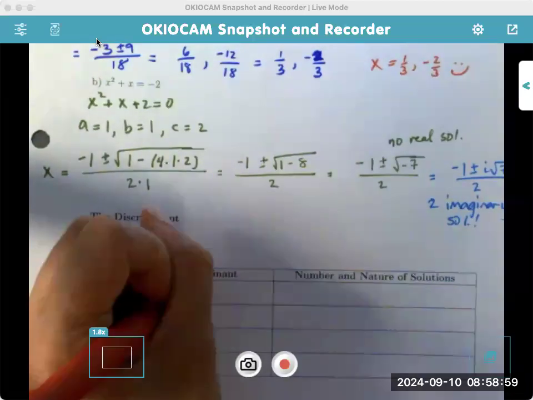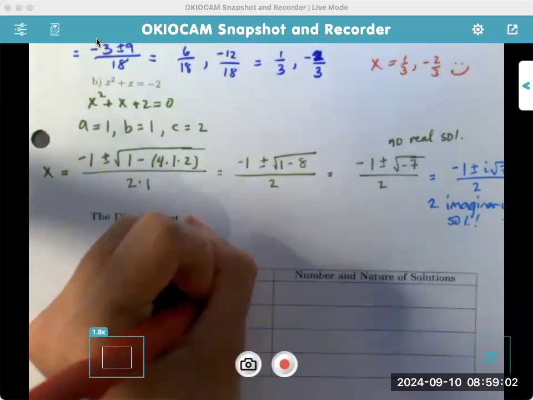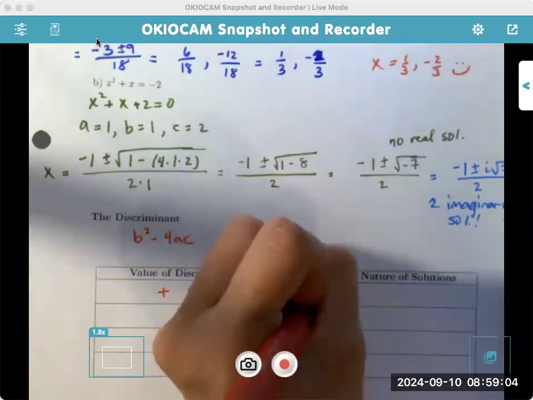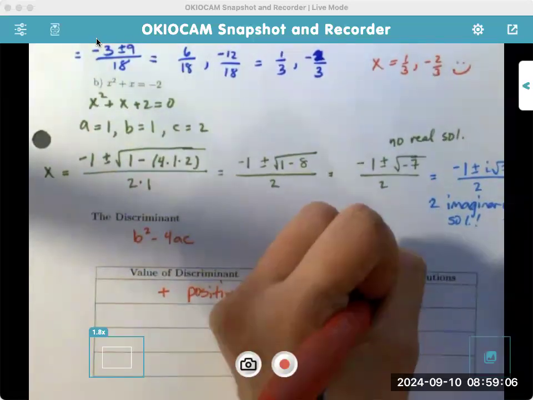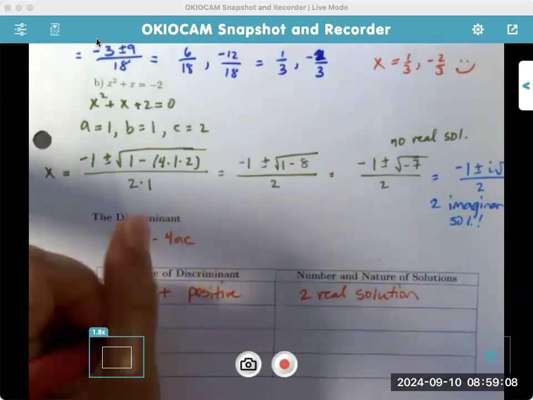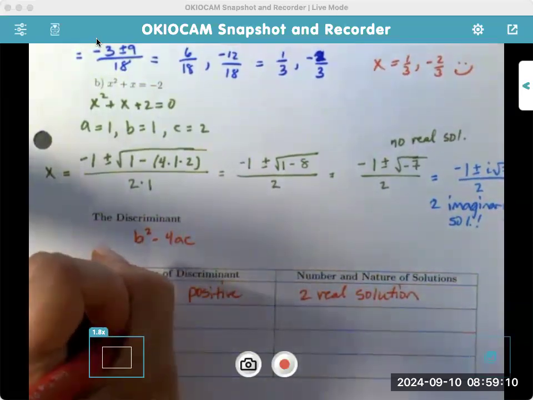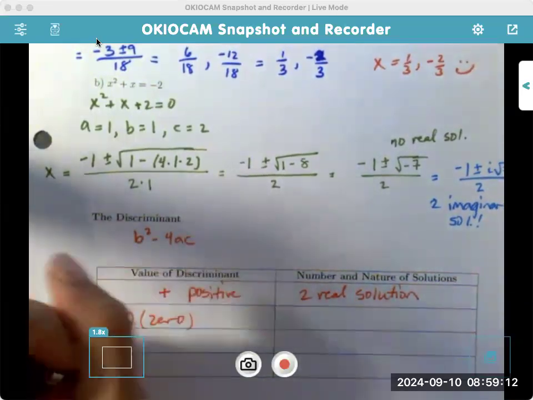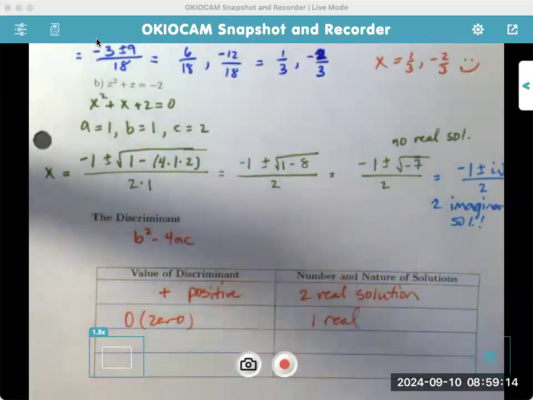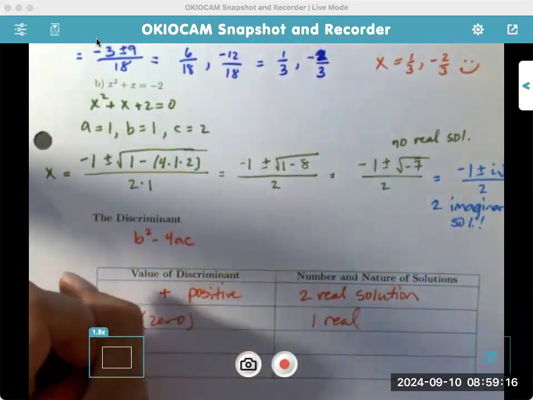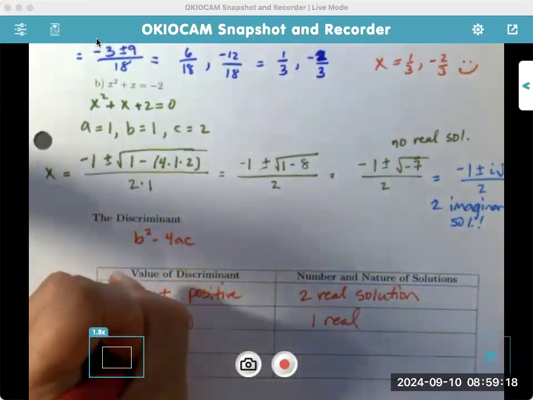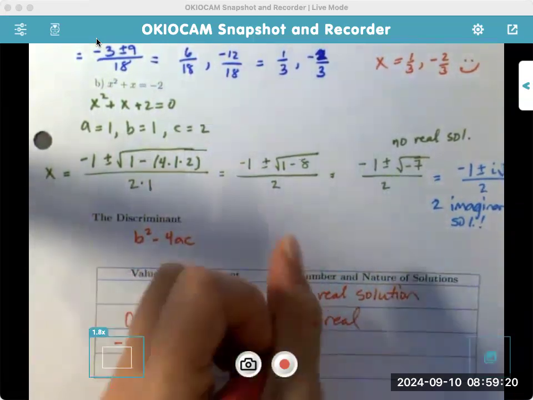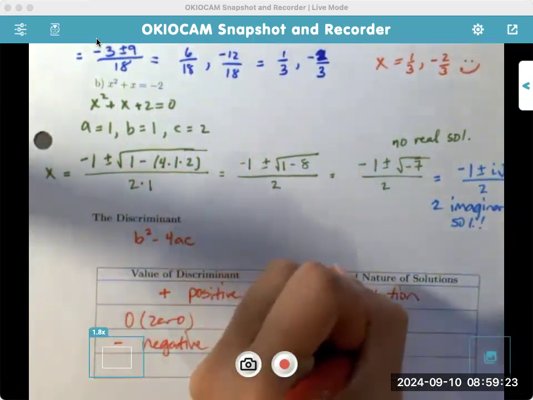So if the value is positive, then we have 2 real solutions. If it's 0, then we have 1 real solution. If it's negative, then we have 0 real solutions.